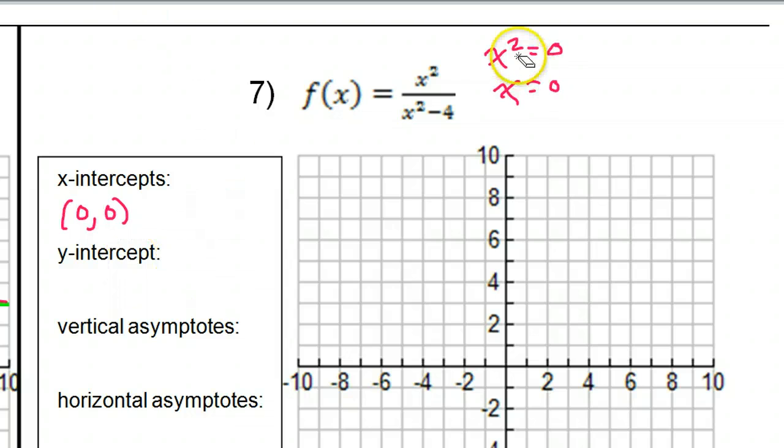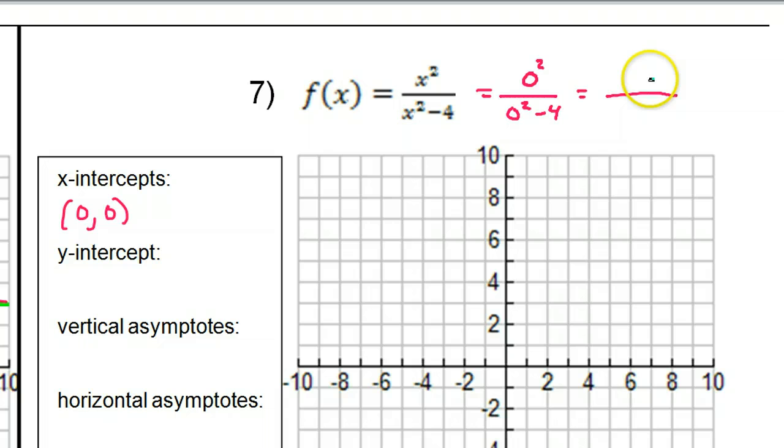Now it's time for the y-intercepts. How do we find the y-intercept? We substitute 0 for x. If I substitute 0 for x, then I'm going to have 0 squared over 0 squared minus 4.